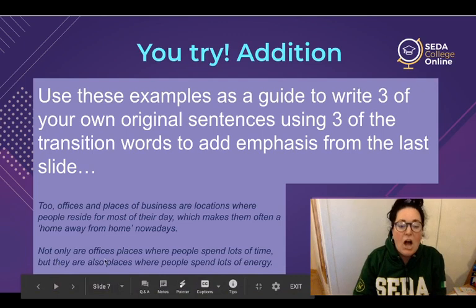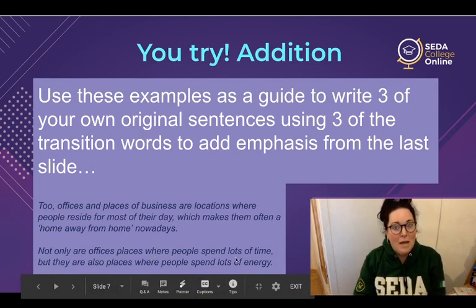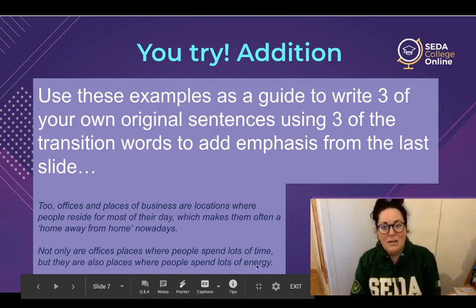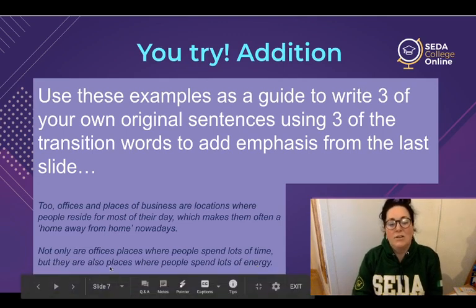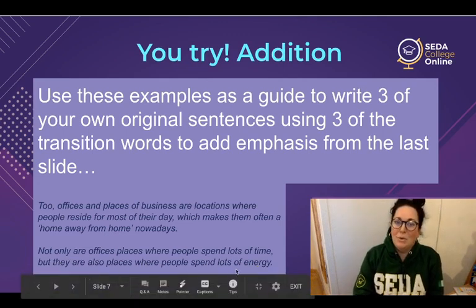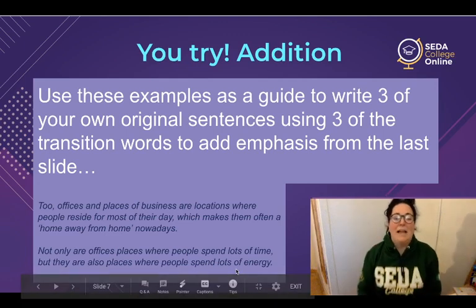So not only are offices places where people spend lots of time, but pronoun, verb, and then also, okay? But they are also places where people spend lots of energy. If I said, but also they're places where people spend lots of energy, I could, but to me, it doesn't sound as nice, but they are also sounds better to me. Okay, so you could say the other one, but I like this better.